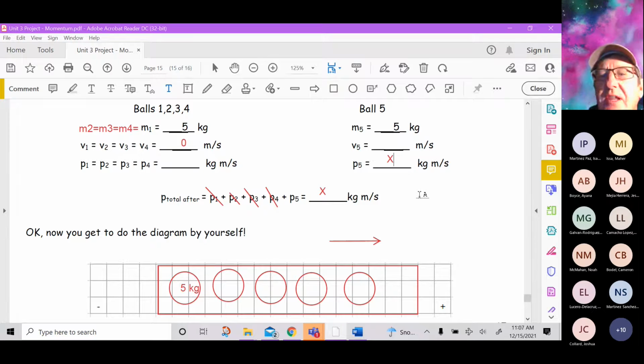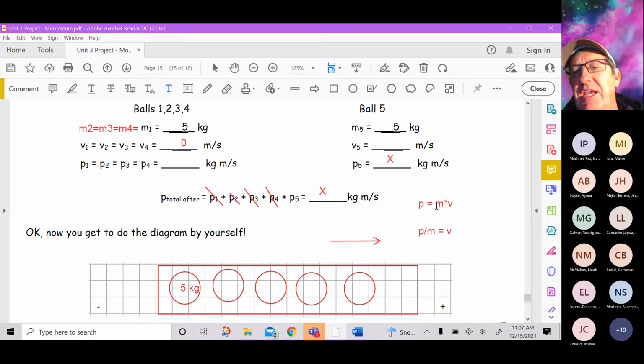Which is going to allow me to figure out this velocity. Because I know P equals M times V, that means that if I want to find velocity, all I have to do is P divided by M is going to give me the velocity.